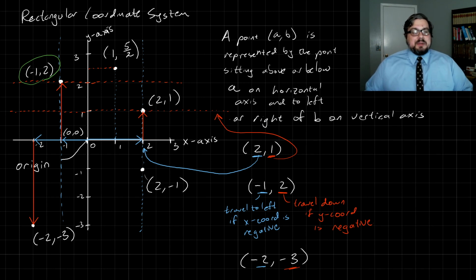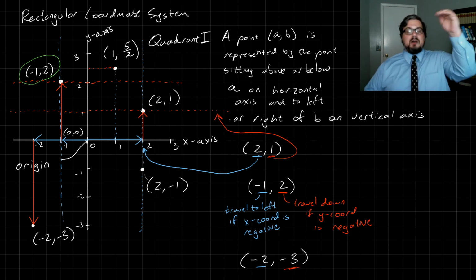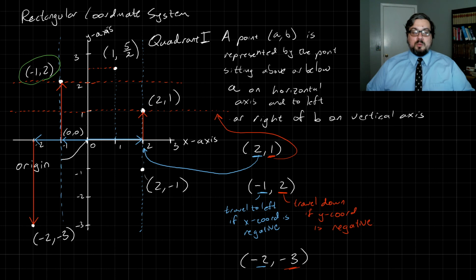Now, a last piece of terminology that we have for the rectangular coordinate system is as follows. We will often describe the 4 quarters of the plane that are defined using these axes in terms of quadrants. So the upper right quarter of the plane, the one that consists of all the points with positive x-coordinate and positive y-coordinate, sitting to the right of the vertical axis and above the horizontal axis, is called Quadrant 1.